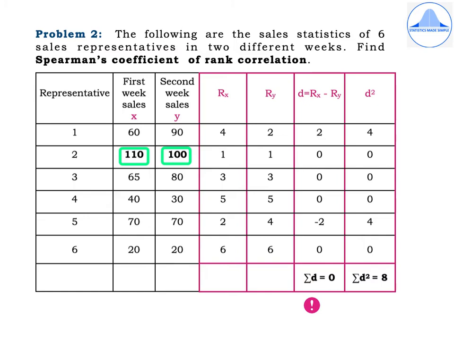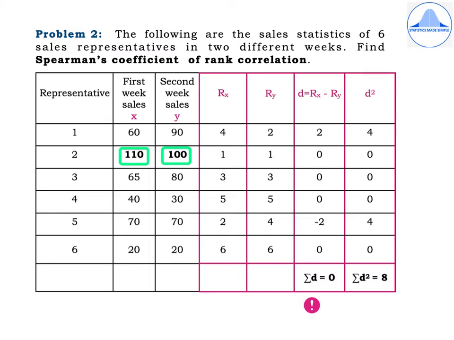Now, the highest value in the X column is 110. 110 will get the rank as 1. 70 gets the rank as 2, 65 gets rank 3, 60 gets rank 4, 40 gets rank 5 and 20 gets rank 6.